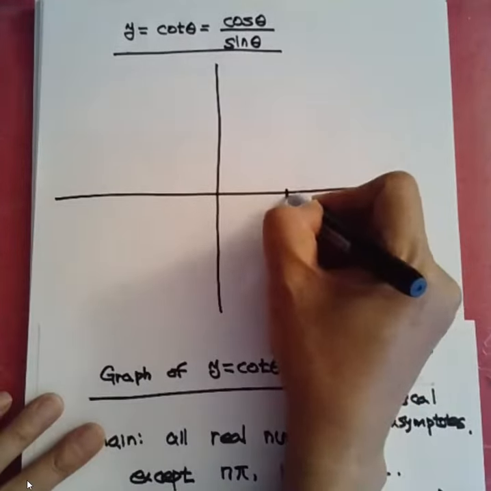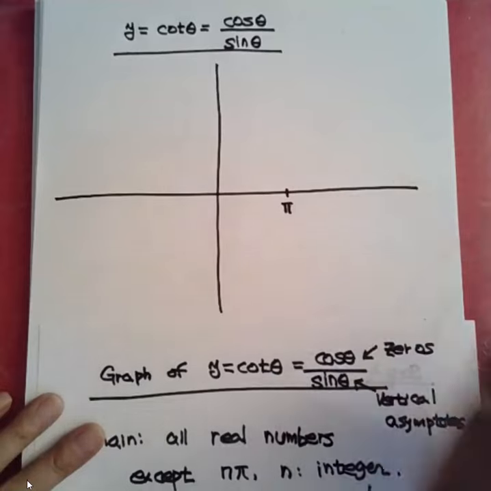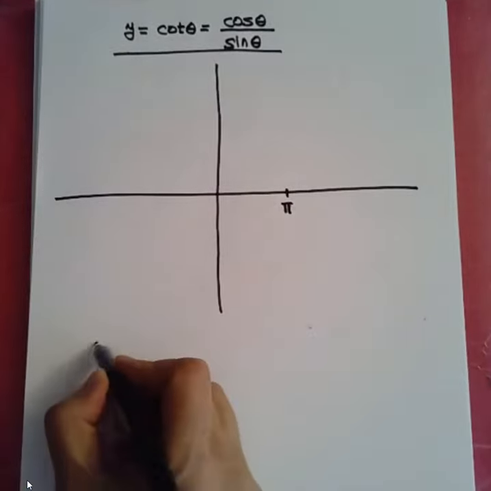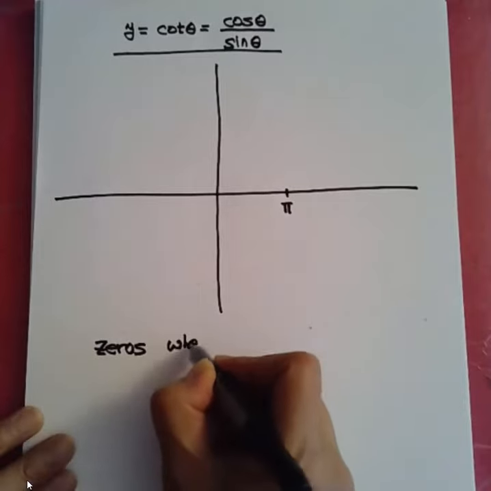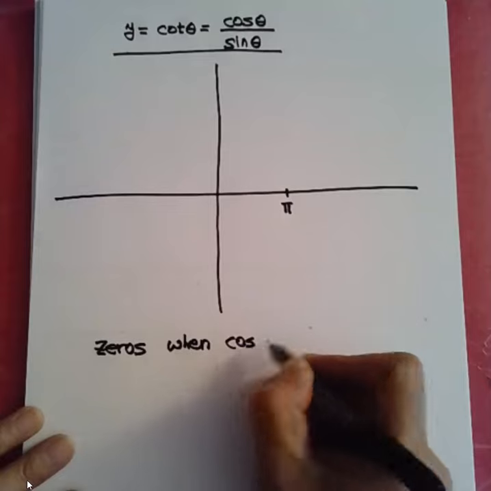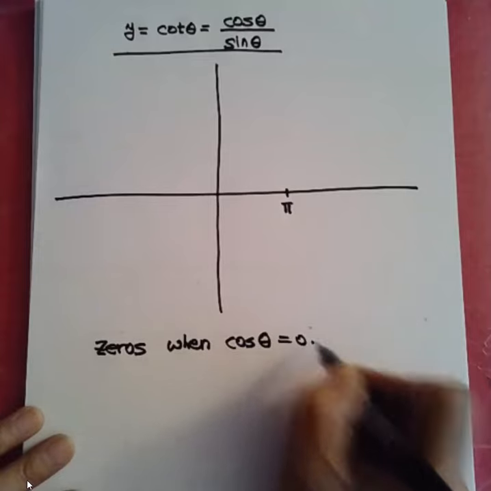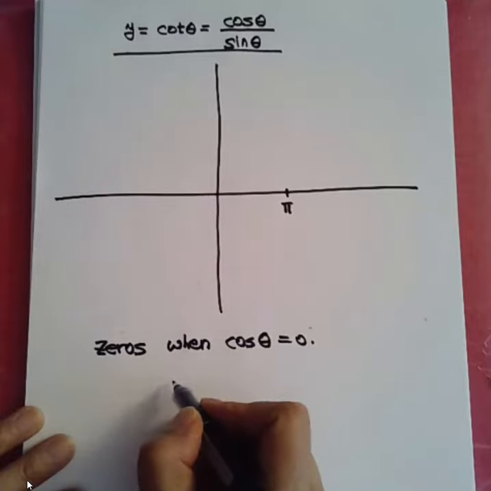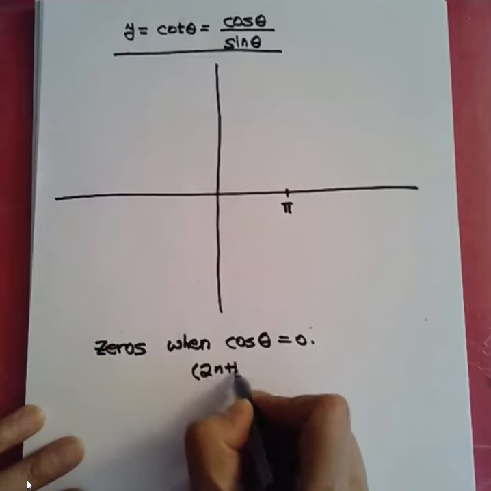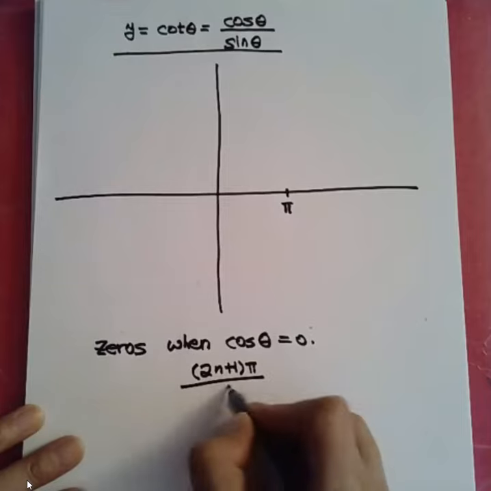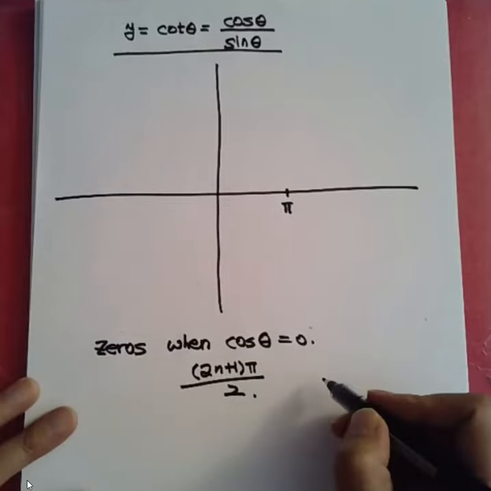So first the vertical asymptote is pi. If you think about the zeros, when cosine of theta equals 0, meaning whenever theta becomes 2n plus 1 pi over 2, we have zeros.